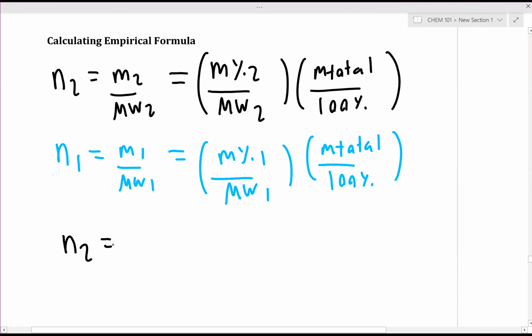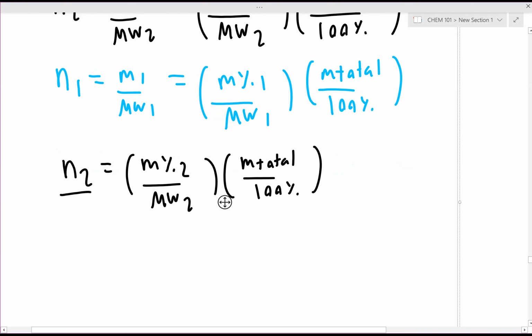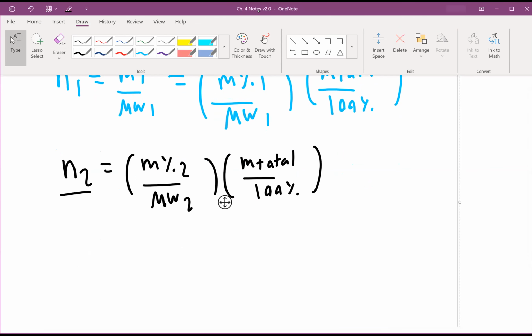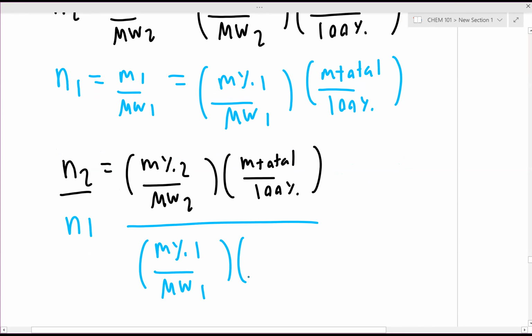So N2: we have the mass percentage of 2 over the molar mass of 2 times M total over 100%. And we're dividing N2 by N1.